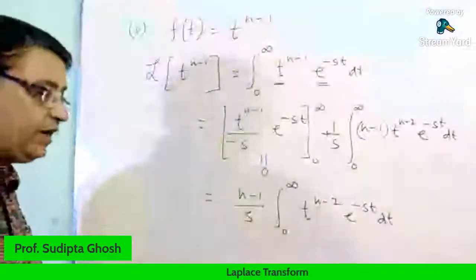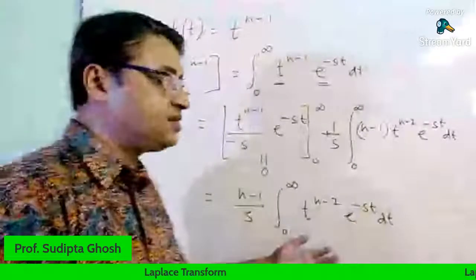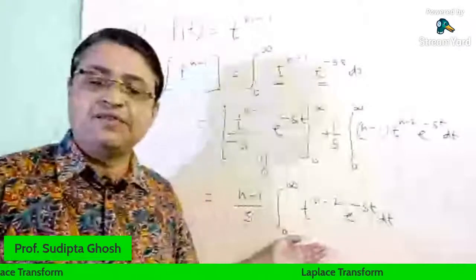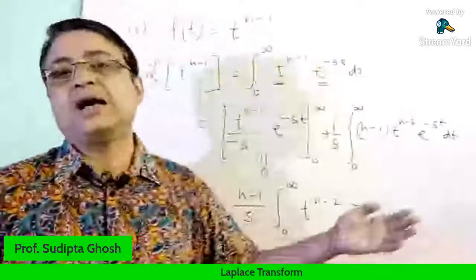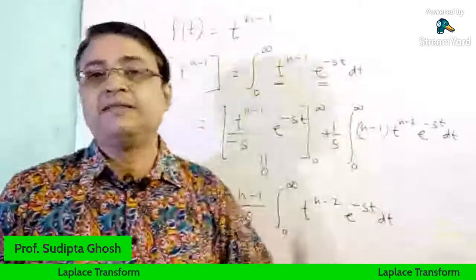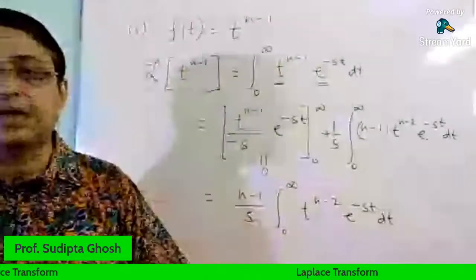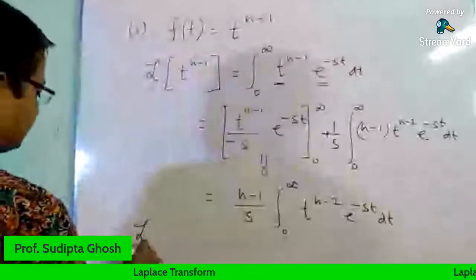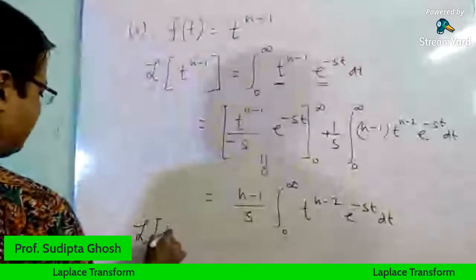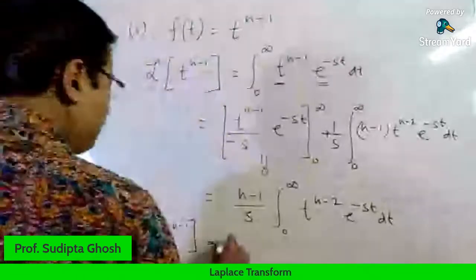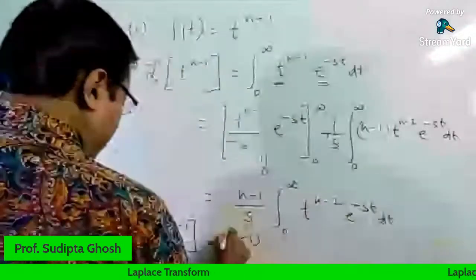If we go on repeating this process, next time we have to integrate this value, and then we get t to the power n minus 3, and repeating thus, we can say that the Laplace transform of t to the power n minus 1 gives me n minus 1, that is the first term.